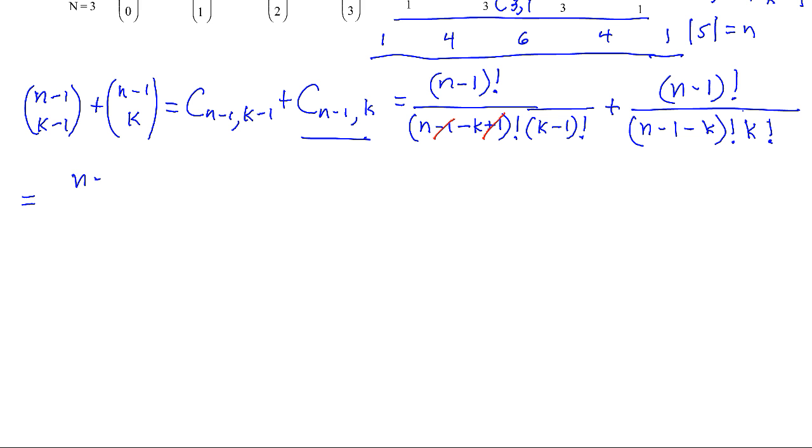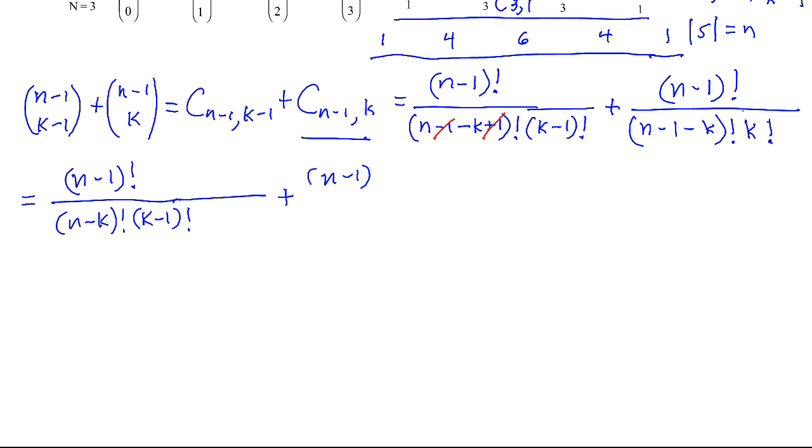(n-1) factorial all over (n-k) factorial after I've canceled those ones, and then (k-1) factorial plus (n-1) factorial all over (n-k-1) factorial. I just rearrange those terms here, and then k factorial. Now to get a common denominator, I'm going to multiply the one on the left by k.